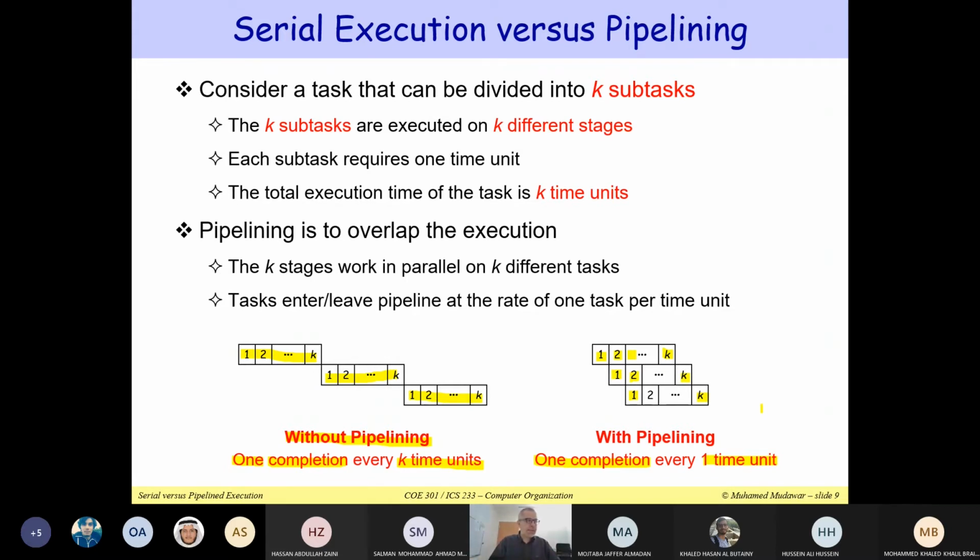The idea of the assembly line is to have pipelining. You don't have to complete the task to start a new task, and you can overlap them. By moving the task from one stage to another stage, you can start a new task. That's really the idea of pipelining, but we're going to apply it in the case of the CPU design, and we're going to implement the data path and the control to be pipelined.